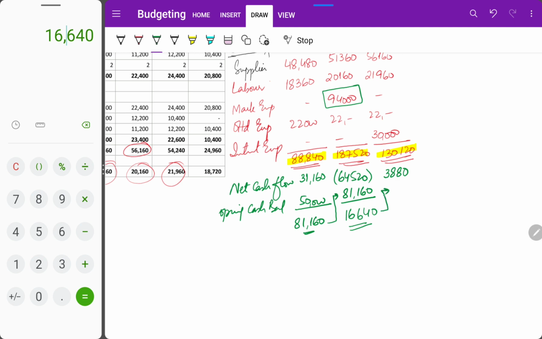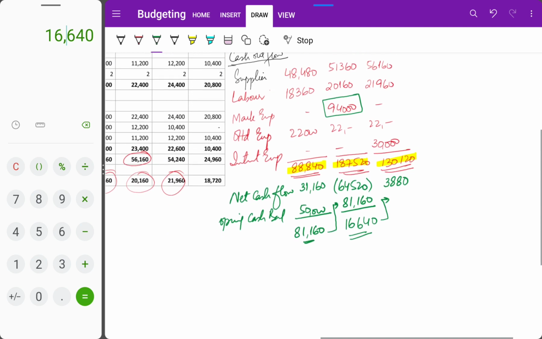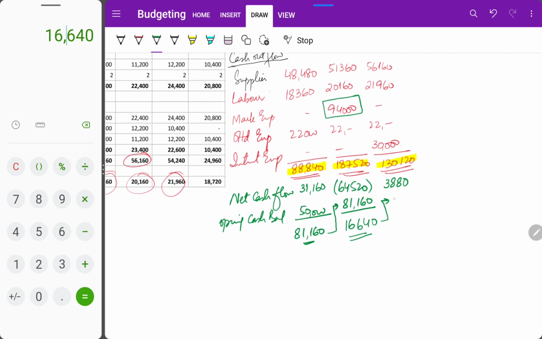And this will be the opening balance of next month. So 16,640 plus 3,880 is 20,500.